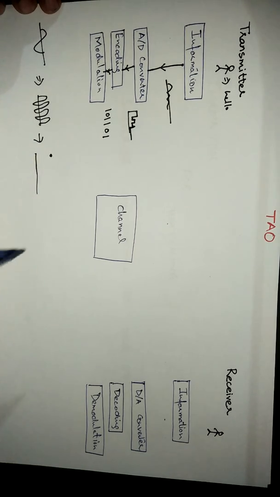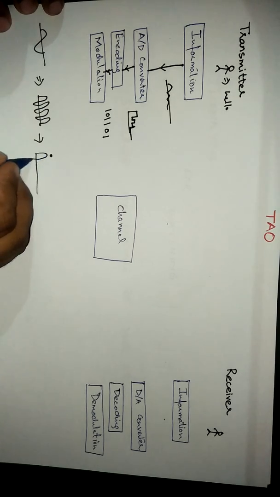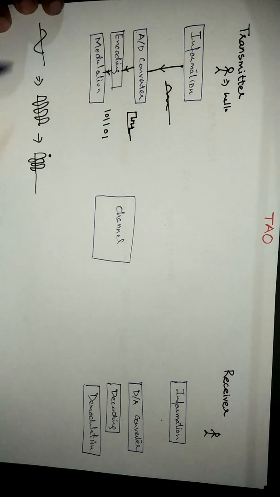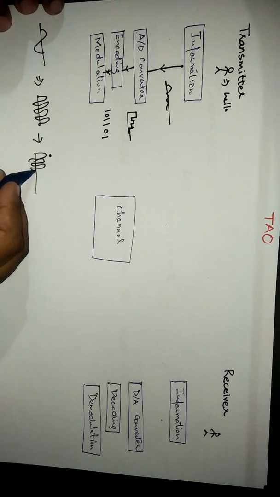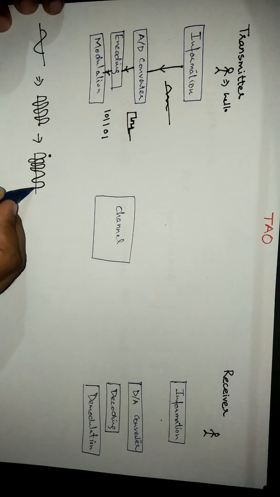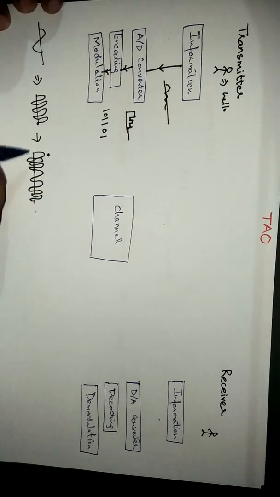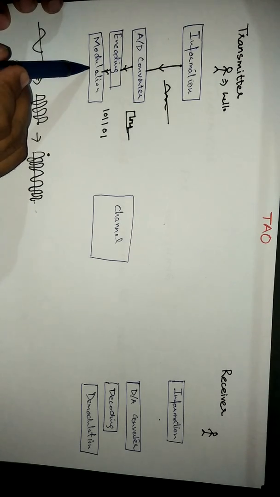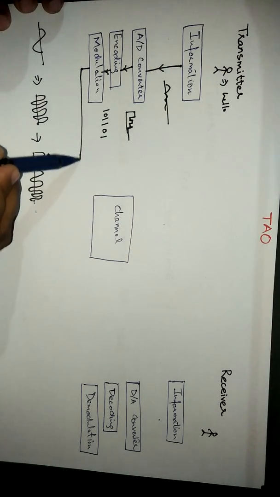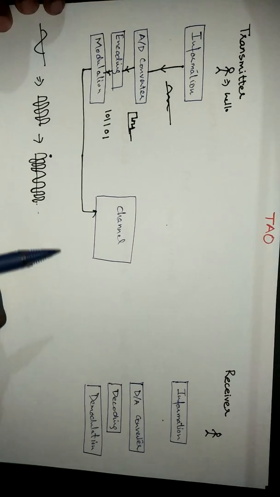There are many different ways of modulation that we'll study later, but for example we talk of frequency modulation. It would send the positive or higher value with more frequency and lower value with less frequency, and then negative higher value with more frequency, and so on. So this signal would be modulated and sent through the channel over here.